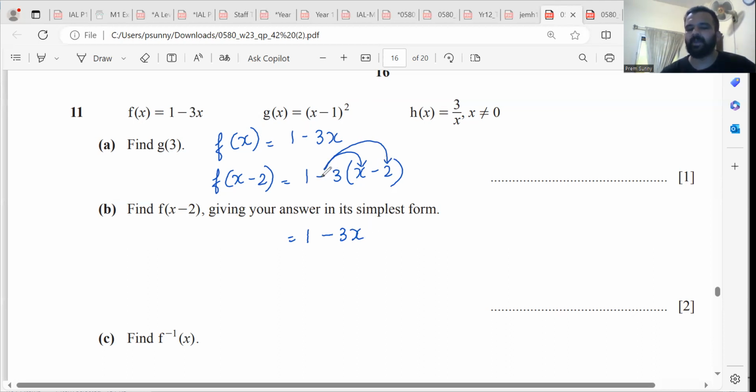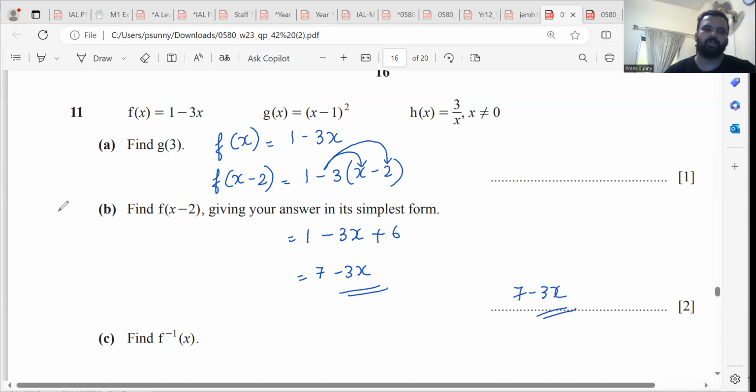Just consider the sign always, that would be better. Minus 3 multiplied with x will give you minus 3x, and minus 3 multiplied with minus 2, minus into minus is plus, 3 times 2 is 6. Now collect the like terms here. 6 plus 1 is 7, so 7 minus 3x will be the final answer for the B part, f of x minus 2.